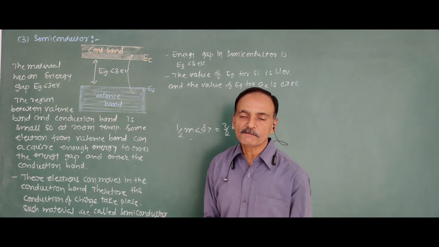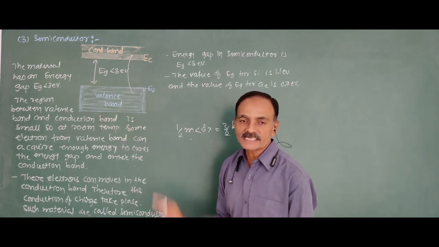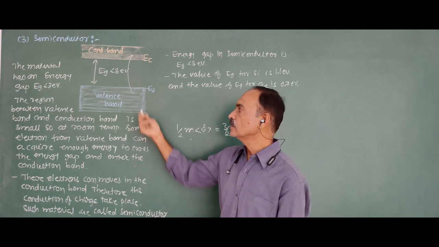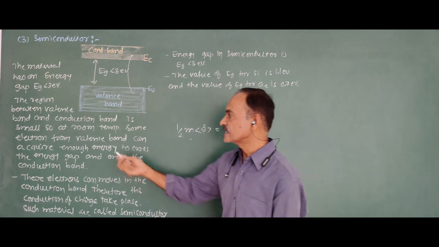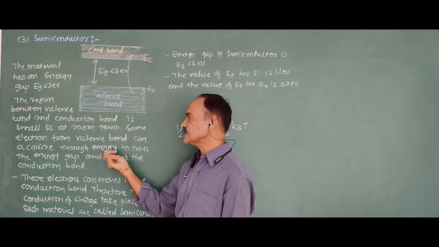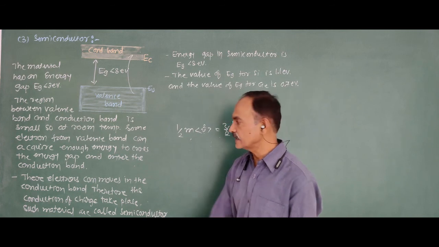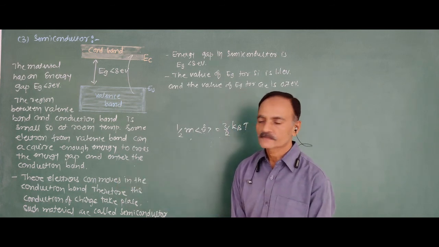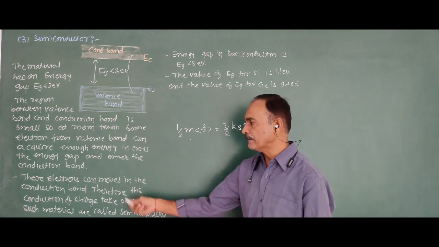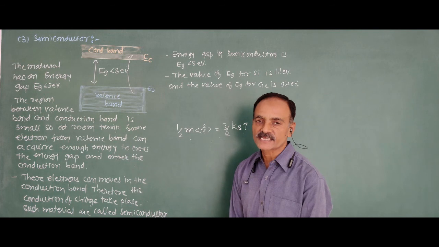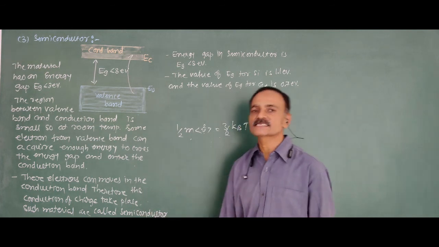So at 0 Kelvin temperature, all the electrons in the valence band are bound. As the temperature increases, covalent bonds are broken and the electron becomes free, and this free electron acquires enough energy to cross the energy gap and enter the conduction band. This electron can move in the conduction band, therefore the conduction of charge takes place. So such a material is known as a semiconductor.